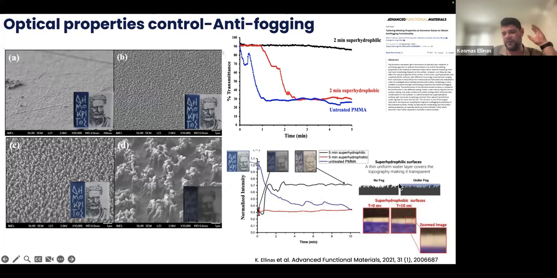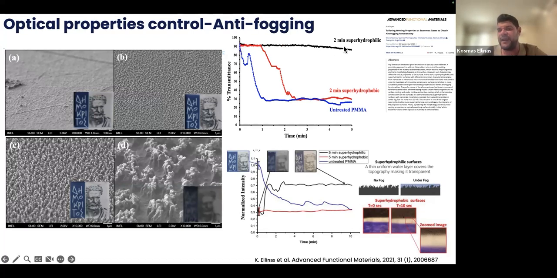So the water is absorbed and creates a film, a homogeneous film on top of this nano-rough surface. Because the refractive index of the water and the material is really close to each other, you cannot see a difference.